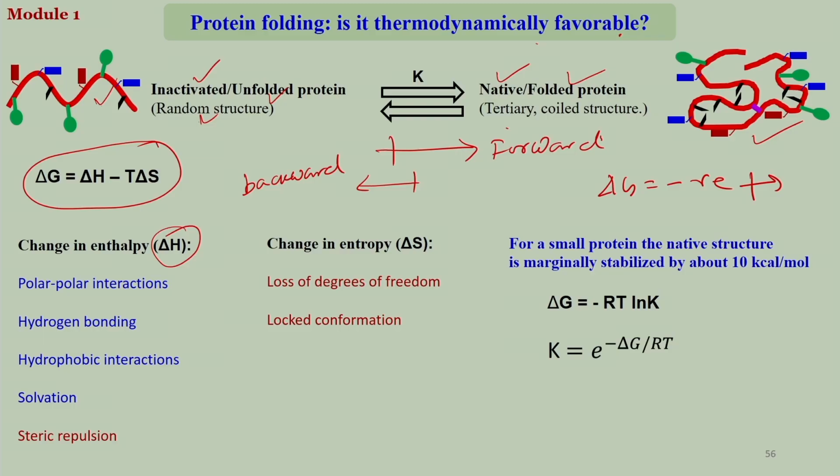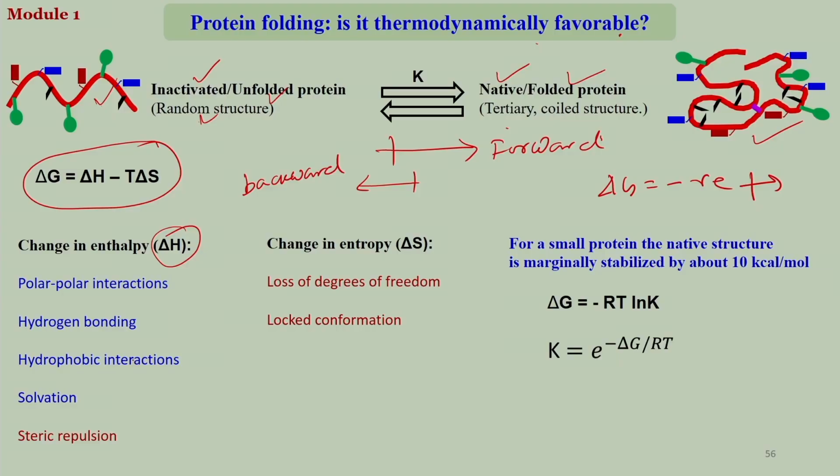So, delta H would be negative there. Hydrogen bonding again makes a stable structure, releases energy, that will give you negative delta H. Hydrophobic interactions again are a stability factor, that will give you negative delta H. Solvation energy is a huge stability factor, and that will release a lot of energy. So, delta H would be negative for this process.